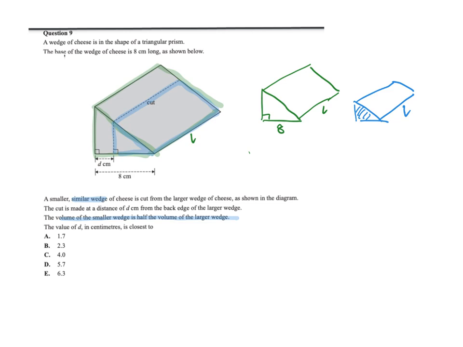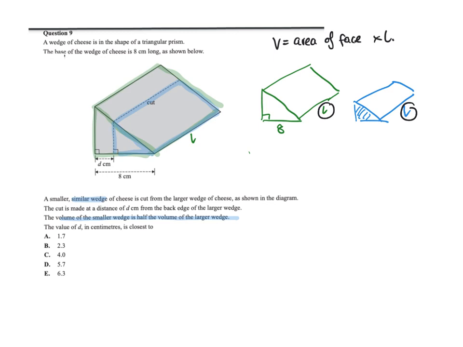So when they say the volume, if we think about volume, volume is always the area of the face times the length, okay? So if our length here is the same, then the thing that's only changing is the area.